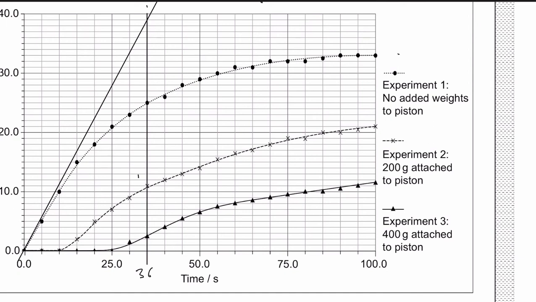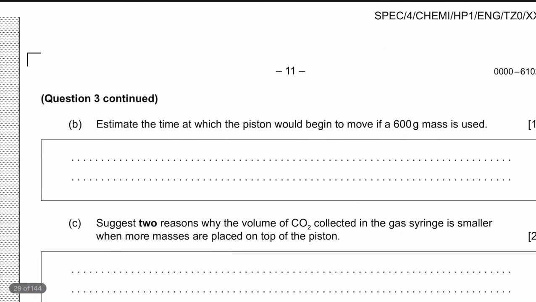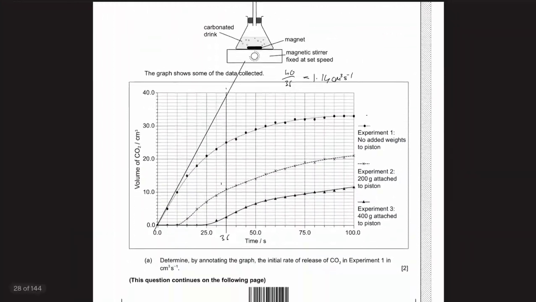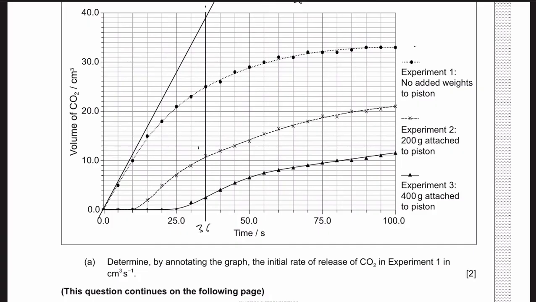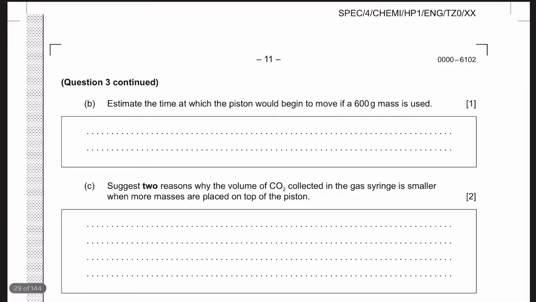So if we increase it to 600, and it wants us to estimate what time the piston will begin to move. So it's going from 0 to 10 to around 25. So I would say something around like 35 seconds, right? Because based on that, or we can say like 40 seconds based on the previous patterns.